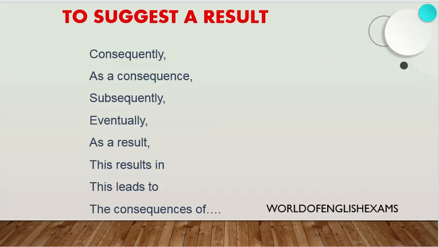So guys, if at all you're using such cohesive devices, then you are giving the hint to the reader that you're now going to suggest a consequence. Whether it's a positive impact or a negative impact, that depends on the topic. So both for a positive result and a negative result, you can use such words.